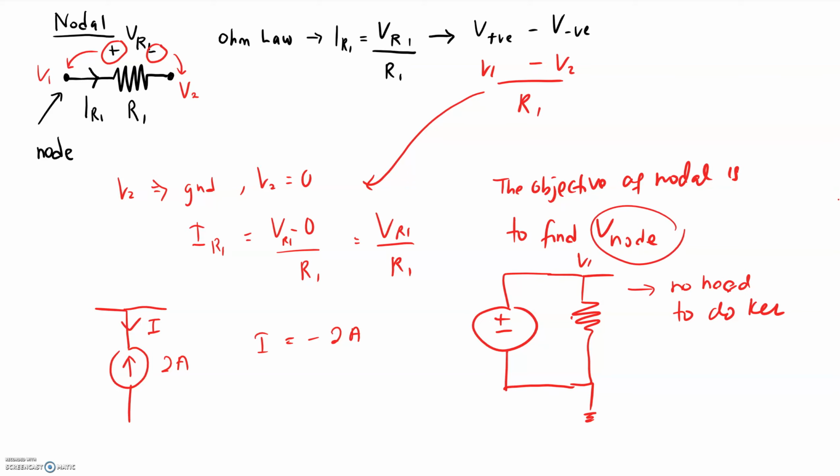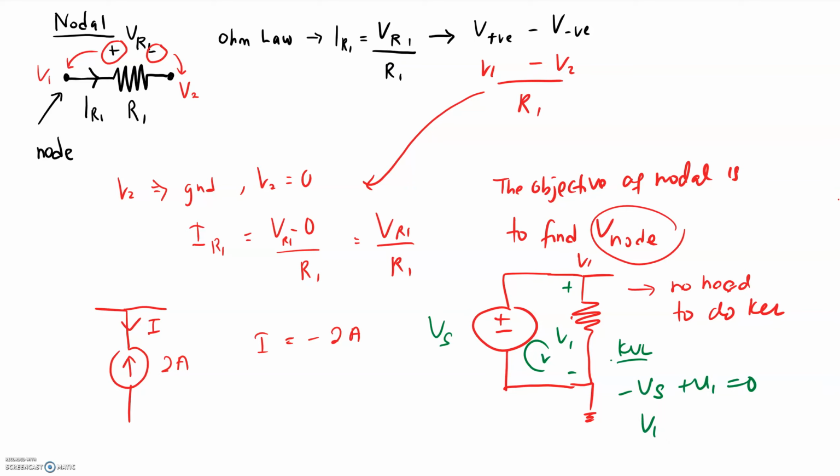Okay, so if I compare V naught here, V1 is V1 to the ground. Okay, so here is V1. If I do the KVL here, for example, this one is Vs. When I do the KVL at this loop, minus Vs plus V1 equals 0.